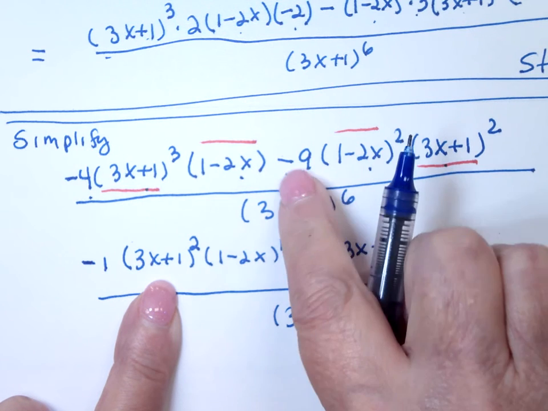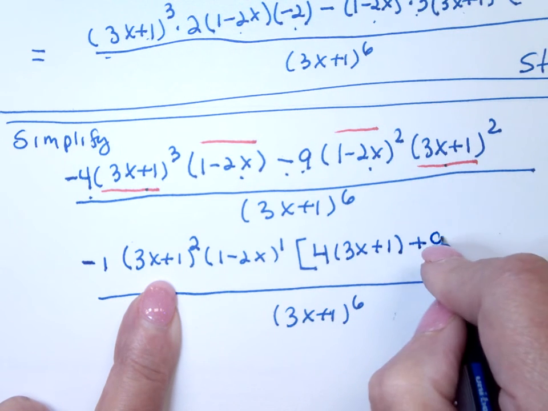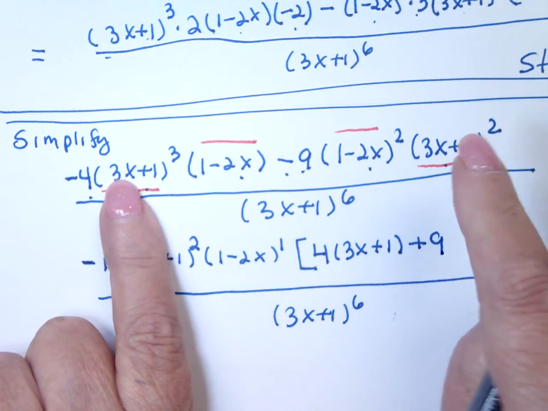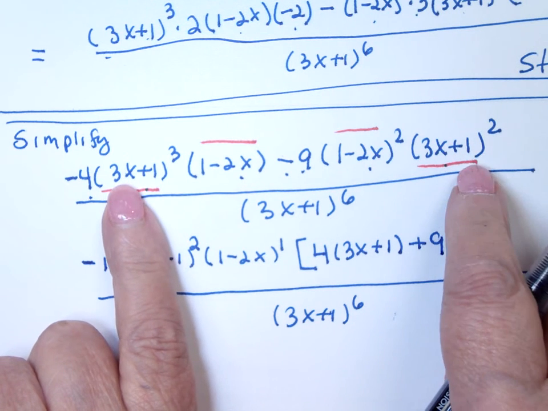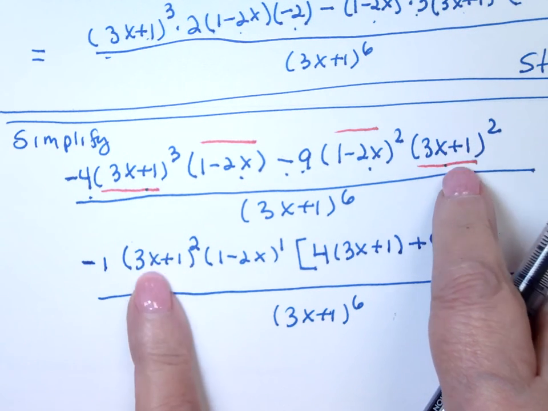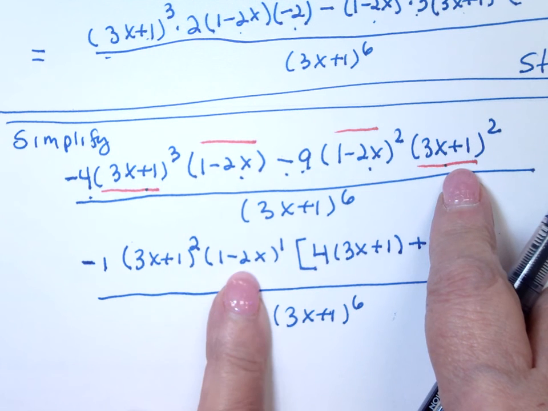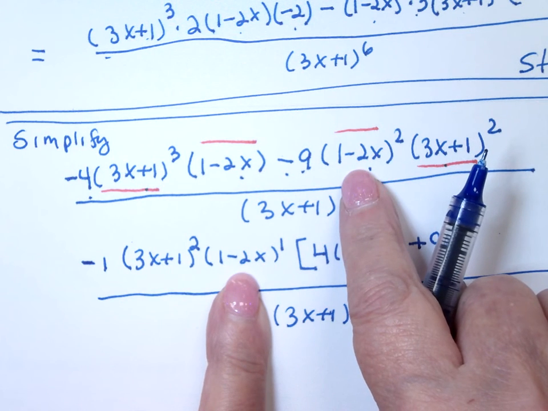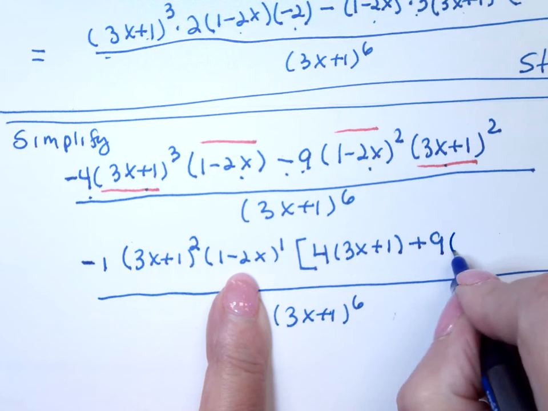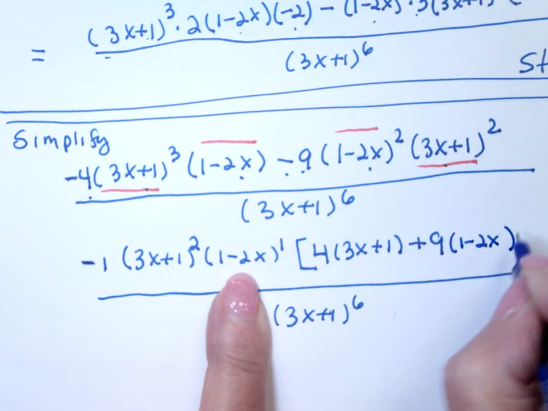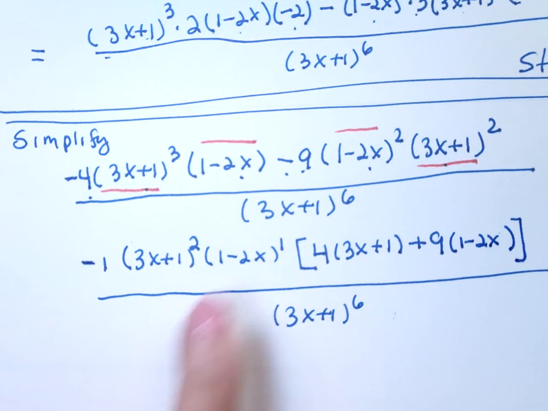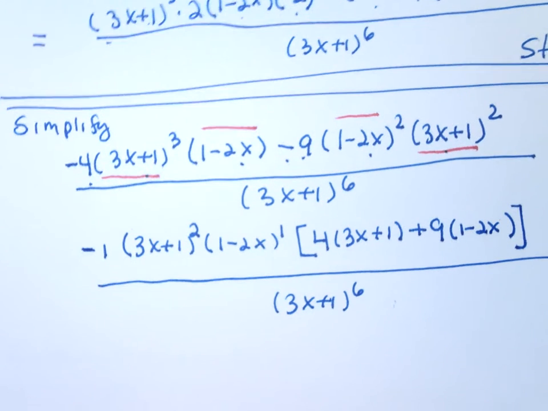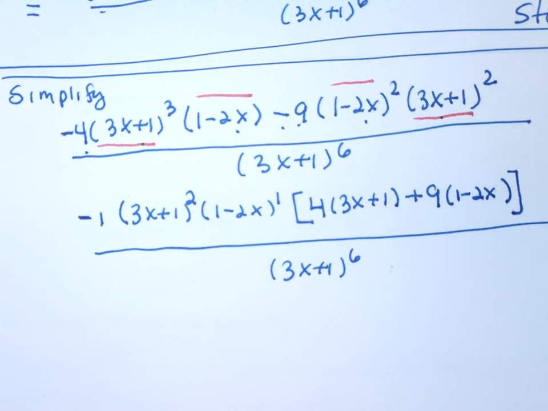Plus, I'm taking a negative 1, 9. I'm taking a 3x plus 1 squared, so it's gone. And I'm taking one of the 1 minus 2x's. See how nicely that cleans up? That's the nature of the creature.